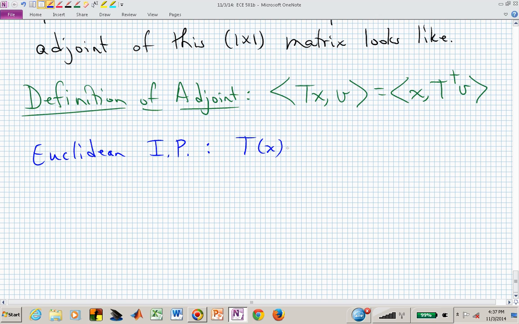Here we simply take V star, since it's a scalar. And that now, based on the right-hand side, needs to be x times the conjugate of the output of the second slot, and that's just T dagger V complex conjugate. That's applying the Euclidean inner product.